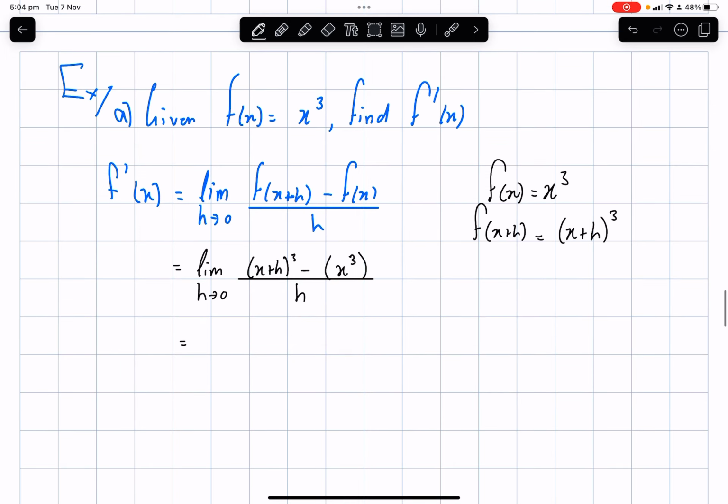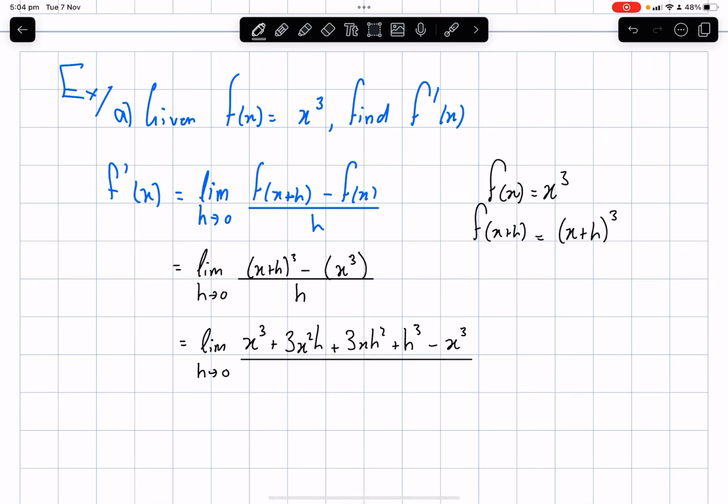Now that cubic there, x plus h cubed, we can expand using a binomial expansion. So I've got x cubed plus 3x squared h plus 3xh squared plus h cubed. And then I've got minus x cubed left over on the end here, all over h still.